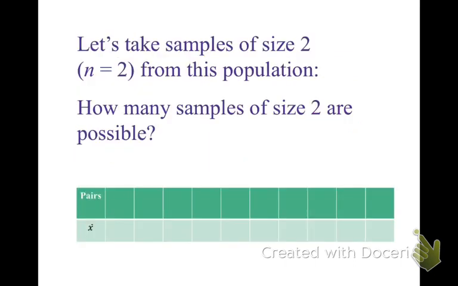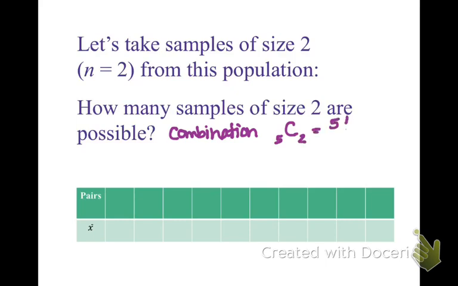Let's take samples of size 2 from the population of fish. How many samples of size 2 are possible? If you'll recall from earlier this year, this is really a combination. The order doesn't matter to us. It doesn't matter whether I choose the fish with length 2 first or the fish with length 7 first, as long as I pick those 2 fish. So we're looking at a combination from the 5 fish in our population, selecting 2 at a time.